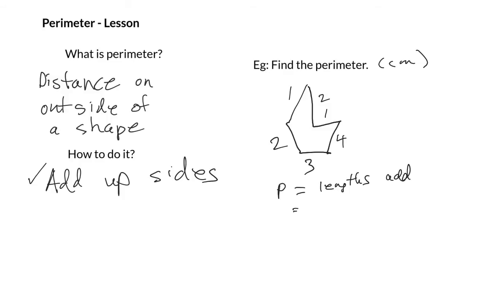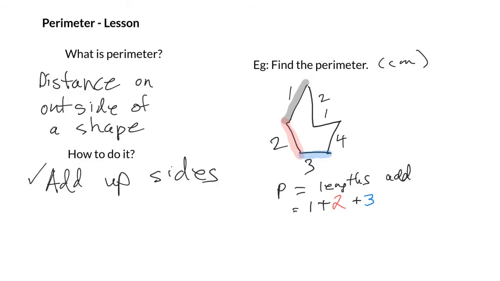So here's what we do. We start from one side, that's the first one. I'm going to go 1 plus, and then this side, 2. To continue the cycle, I do the same thing for this side, 3, so I'm going to add 3.